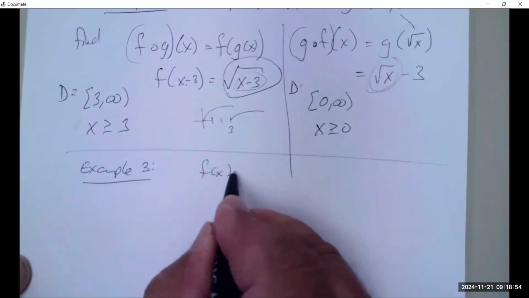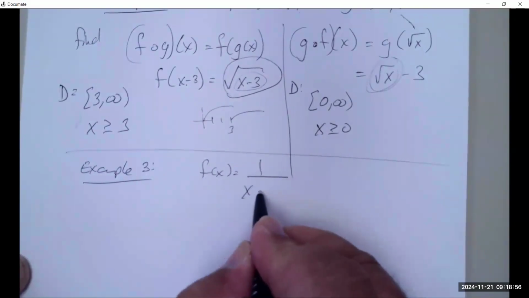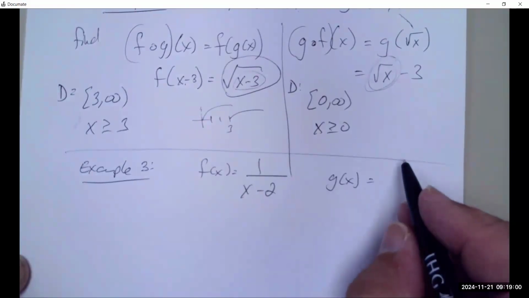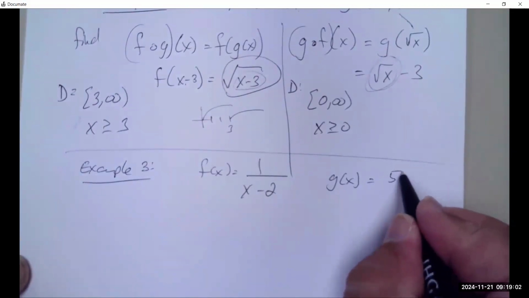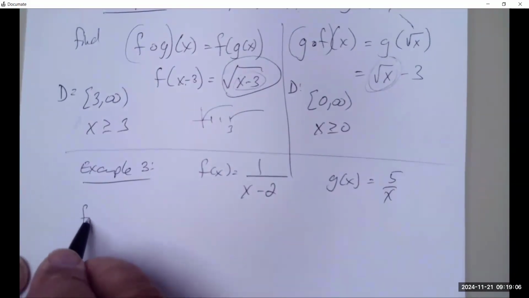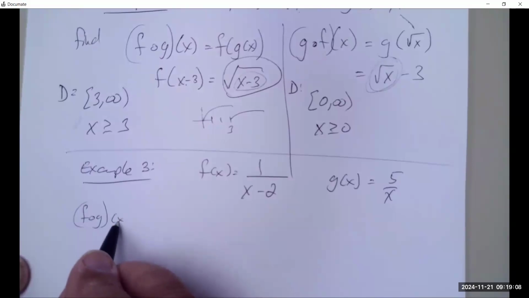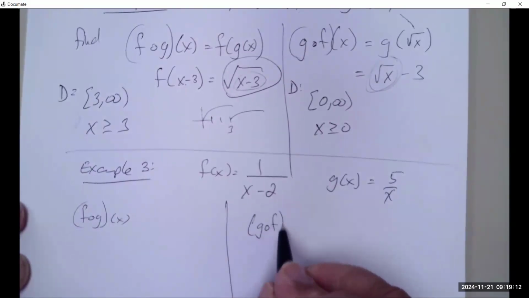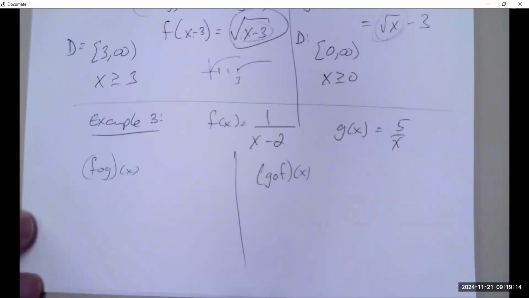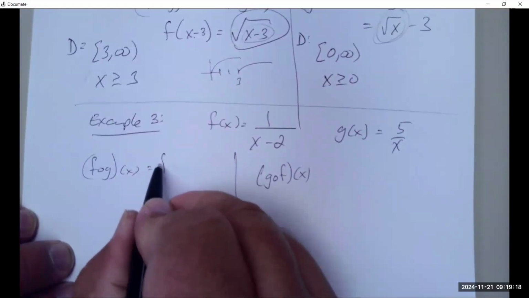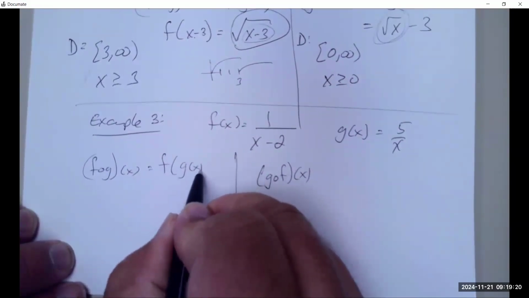F of x equals 1 over x minus 2. G of x is 5 over x. Find Fog and Goff. So this is f of g of x.